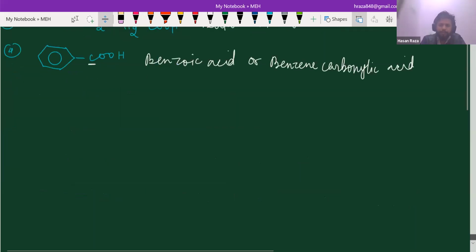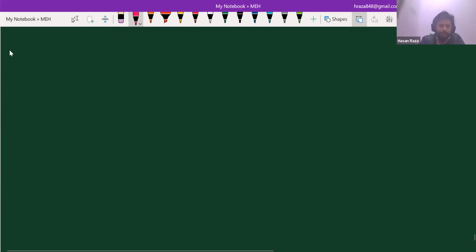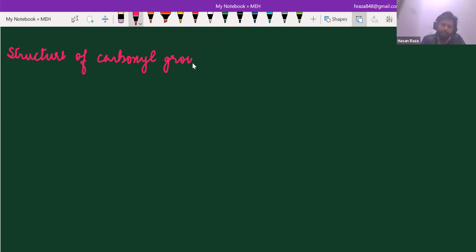Now see, the structure of the carboxyl group. This is the carboxyl group, you know that. It has 2 lone pairs on this oxygen. Now you know that this is in conjugation, so there will be resonance.